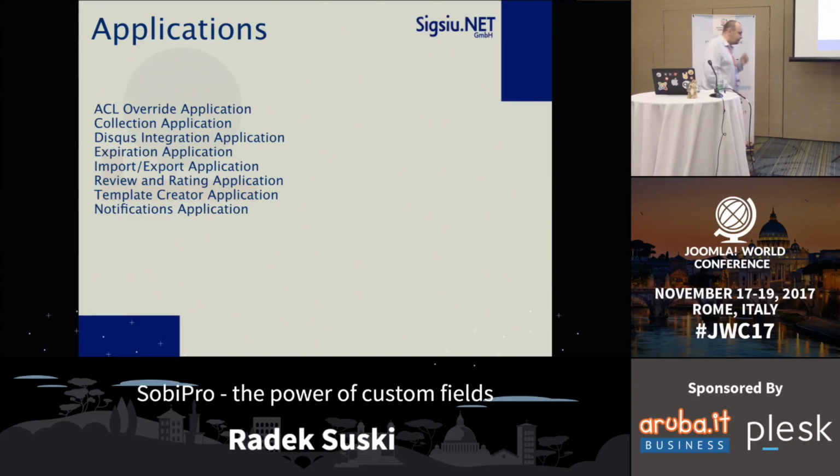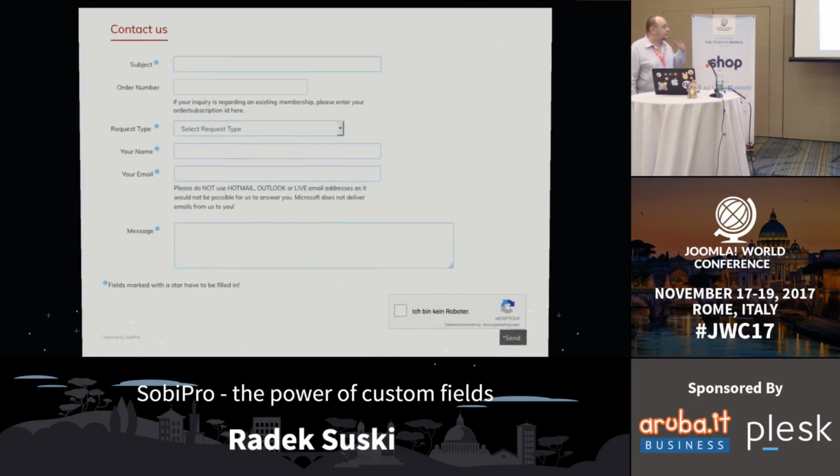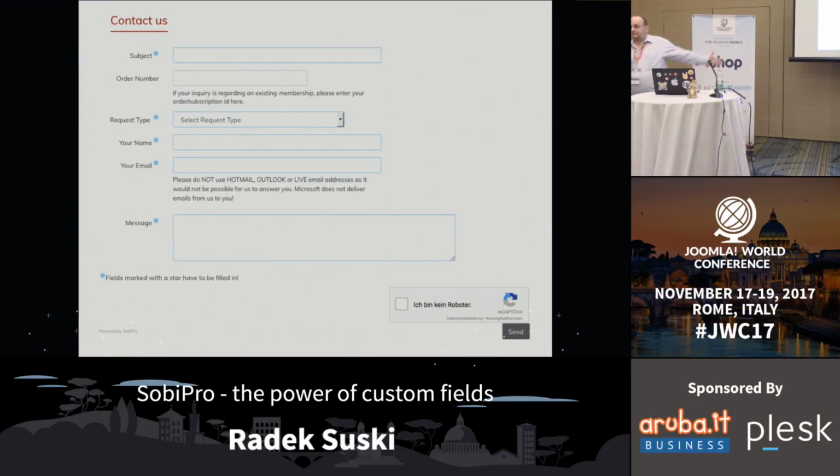And the funny thing is, at some point we realized that we need a contact form on our website. And because the notification application allows you to add the entire content of the entry someone just added to your directory, we thought, actually, we don't need any contact form. We just create a contact section inside SobiPro with such an entry form.